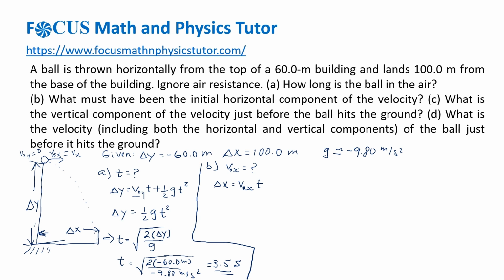All right, and if you rearrange this to solve for v naught x, v naught x is going to be delta x over time. We have those values, so just plug in the numbers.